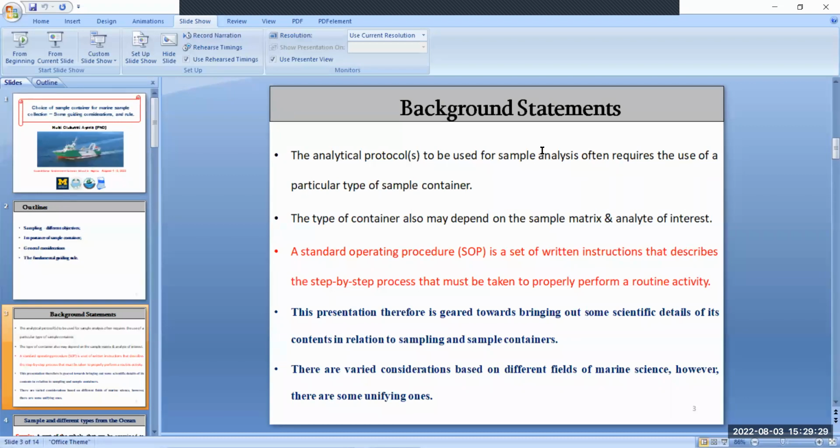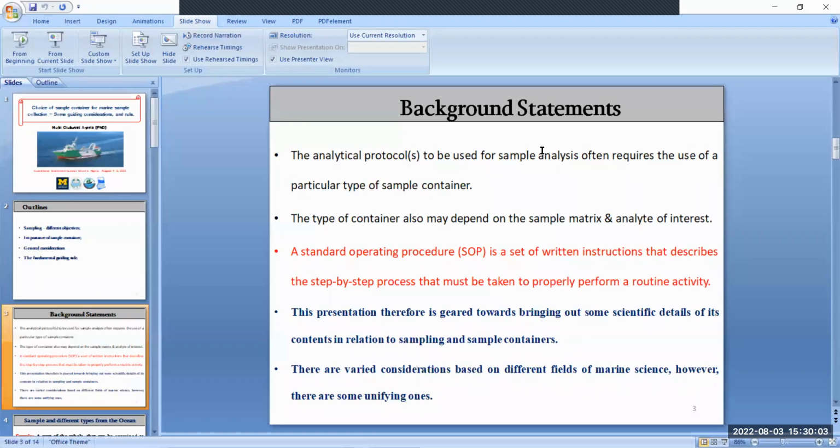A standard operating procedure is a set of written instructions that describes the step-by-step process that must be taken to properly perform a routine activity. This presentation is not for us to look away from adhering strictly to the SOP, but rather to bring out some scientific details of its content in relation to sampling and sample containers.